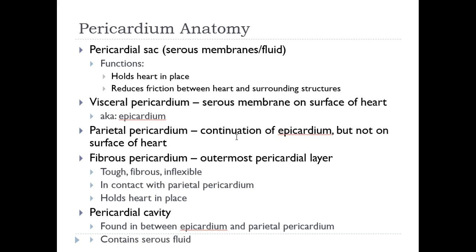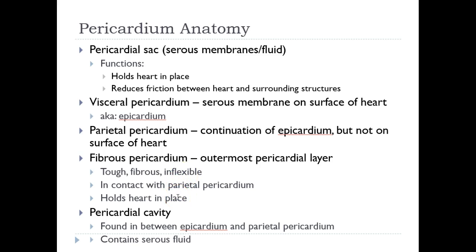That's a membrane on the surface of the heart. Then there's parietal pericardium, and that's going to be a layer that's sort of on the epicardium range. There's going to be a fibrous pericardium that's on the outermost layer, and it's kind of a tough layer. It's going to hold the heart in place.